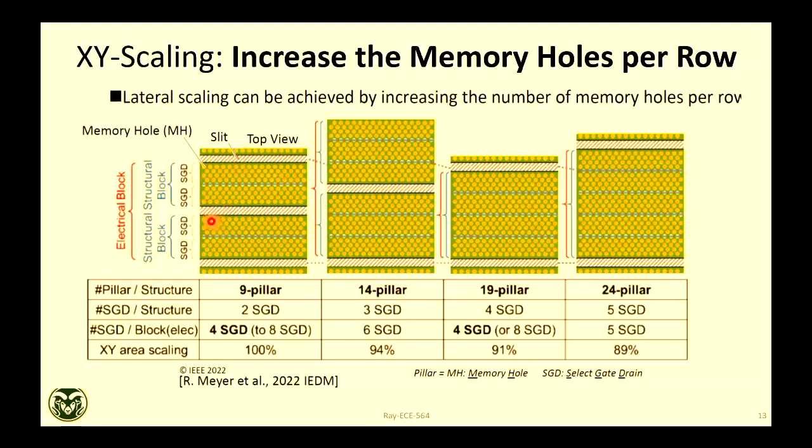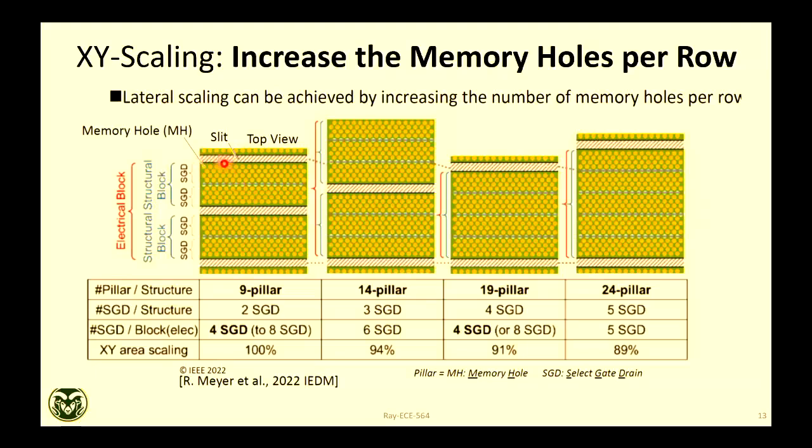Now here, from one block to another block, you have to have a slit. This slit will physically separate one block from another block. So this block will have two groups of SGD. That means this is one subblock, this is another subblock. So you group them together, right? If you want to save this slit area, because every nanometer here is money, right? This slit is doing nothing. It is a wastage area.